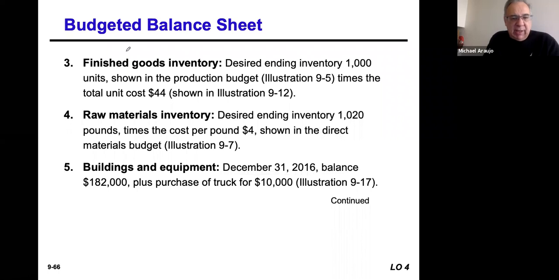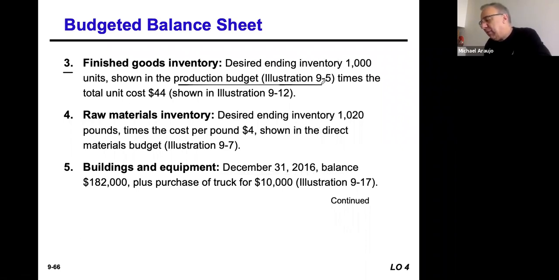The third thing is finished goods inventory. So in the production budget, which is way back on illustration 9.5, so we're scrolling back to page 369, you're going to see that the ending inventory at the end of that period of time would be 1,000.